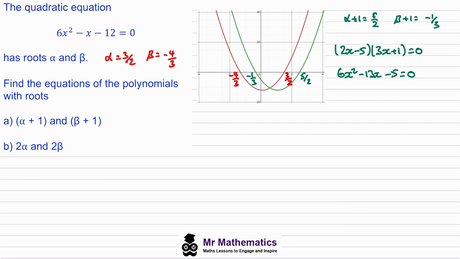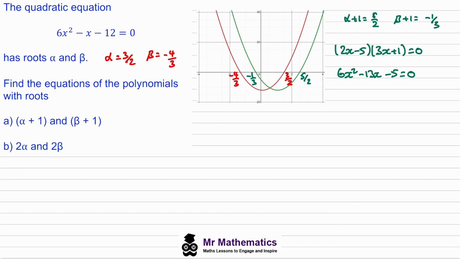So I hope this has given you an idea that by transforming the roots of the original equation, we can create a transformed equation. But this method will be much more complicated if we had a cubic or even a quartic equation. So I want to show you a different way using algebra.